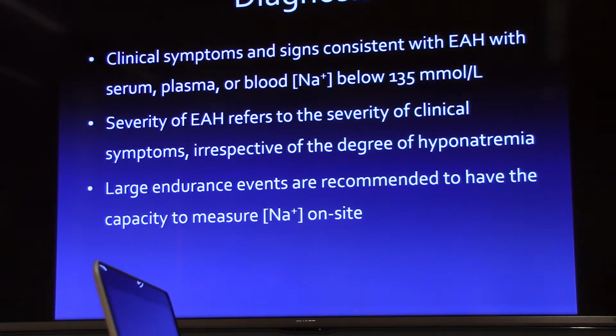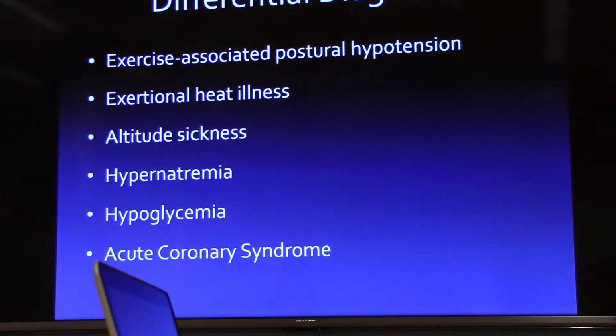And the third international consensus guideline from 2015 on this topic actually recommends large endurance events to have the capacity to measure sodium concentration on site to facilitate diagnosis and management. The differential is quite broad, as you might expect for an athlete presenting with nausea, dizziness, collapse perhaps.